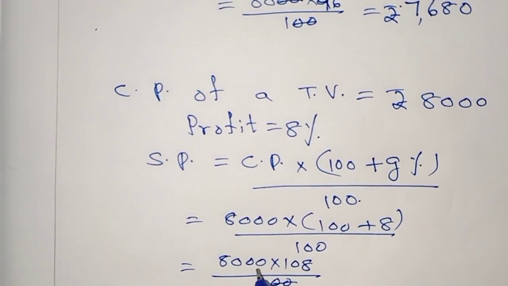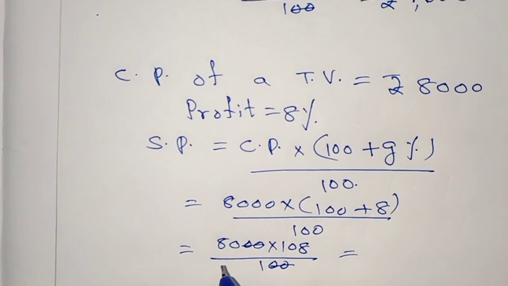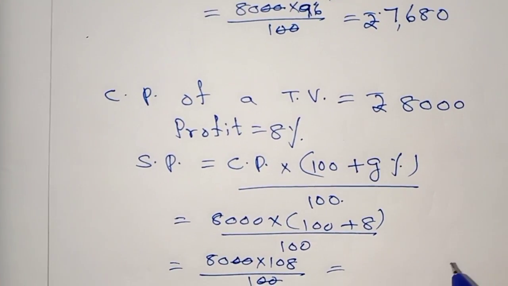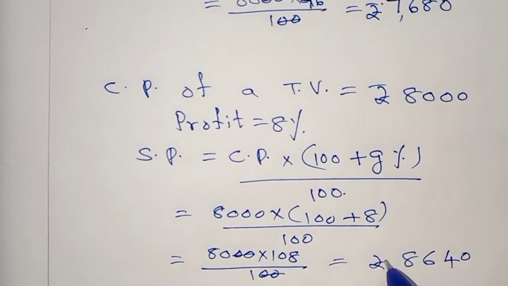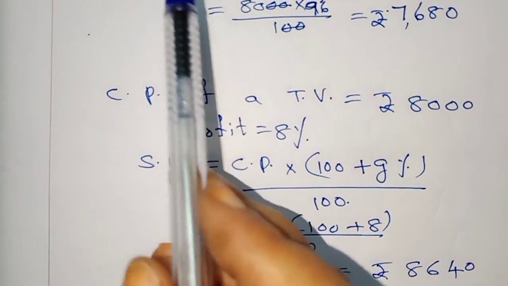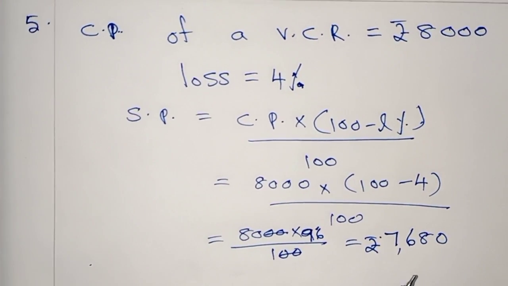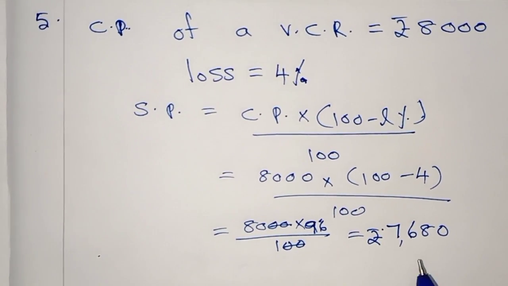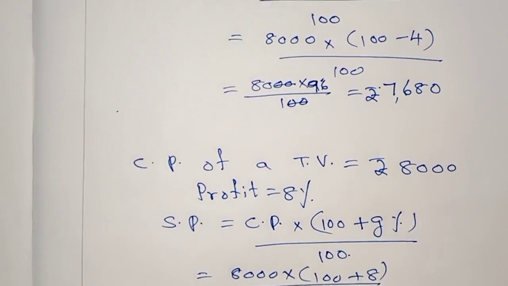These two zeros get cancelled. 108 into 80 is equal to 8,640 rupees. So this is the selling price of the TV. How much is it for the VCR? It is 7,680. This is the selling price of the VCR.